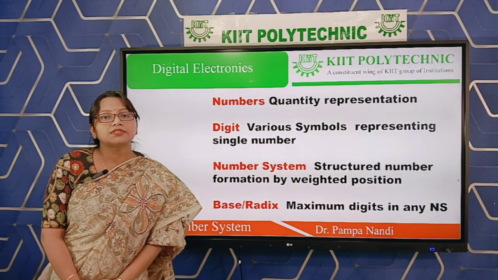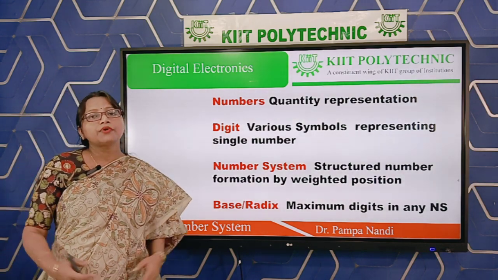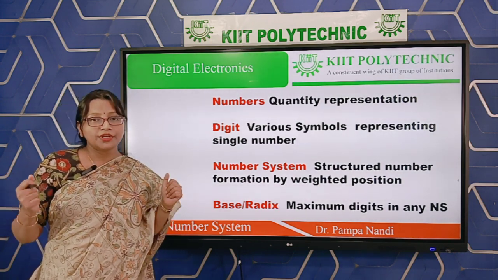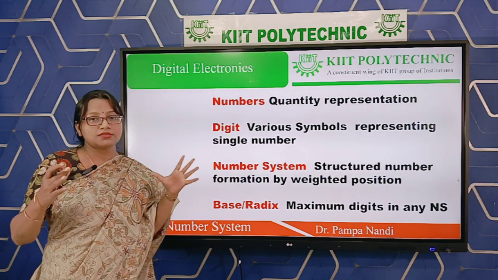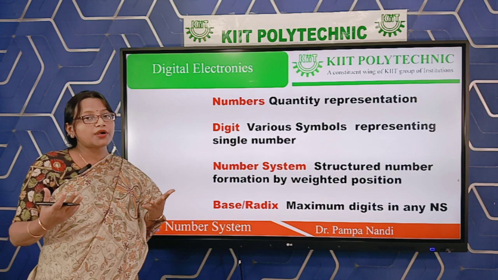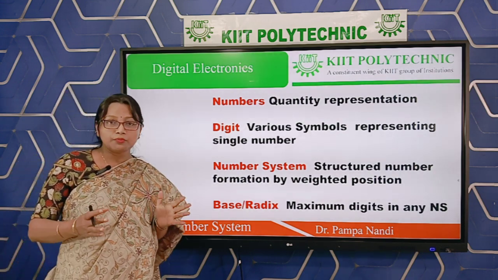Now, what is the meaning of number? You know that when we are representing some quantity, suppose the number of students, number of mass, number of fish, whatever the quantity, we need symbols.